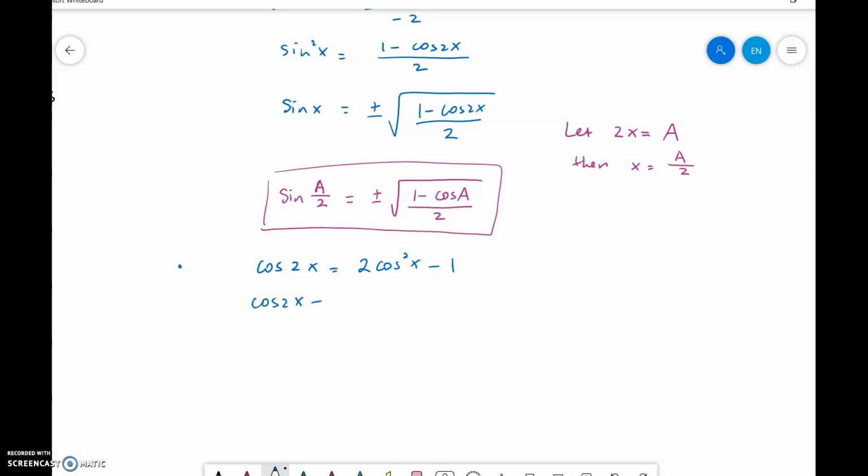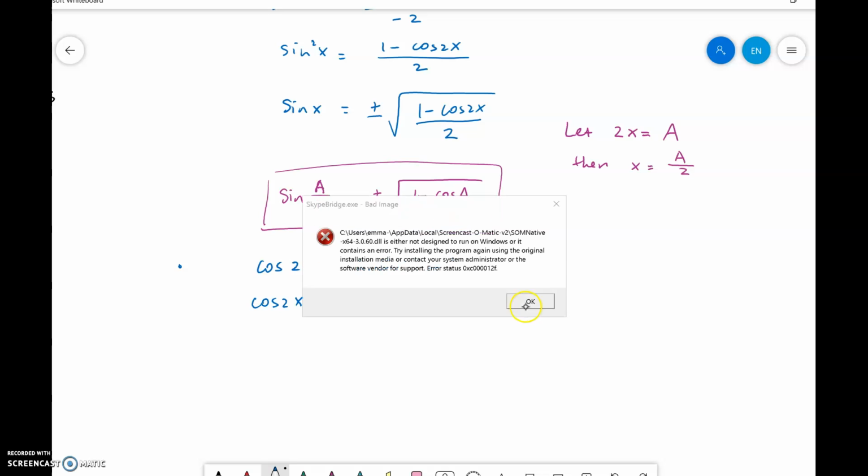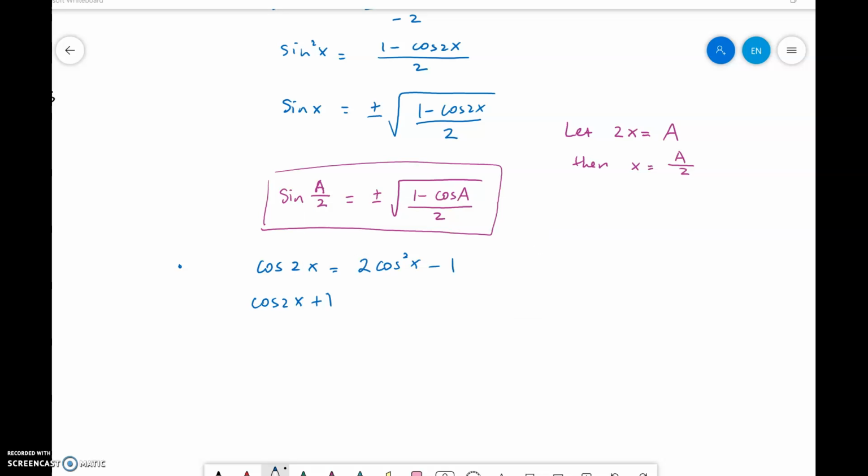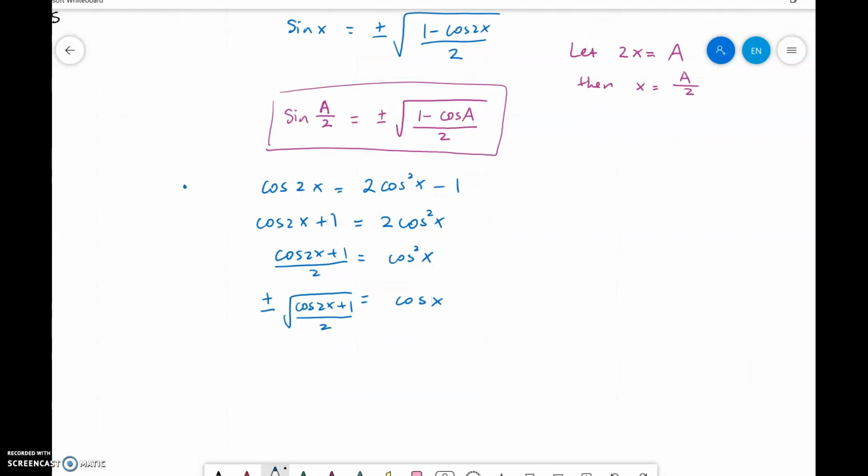I'm going to solve for cosine by adding 1 on both sides, dividing by 2, and then taking the square root. So cosine of x equals positive or negative the square root of cosine 2x plus 1 divided by 2.